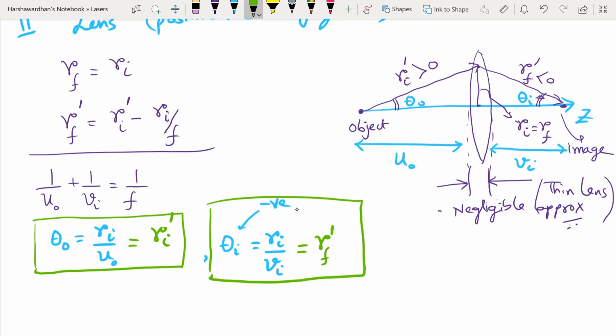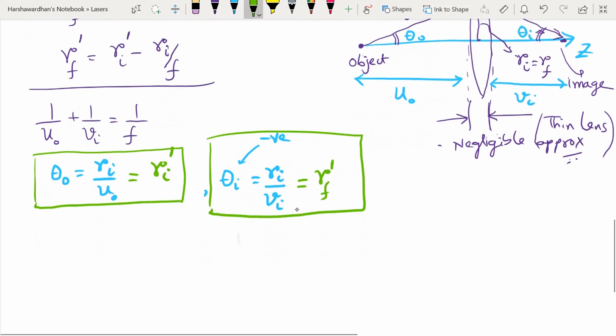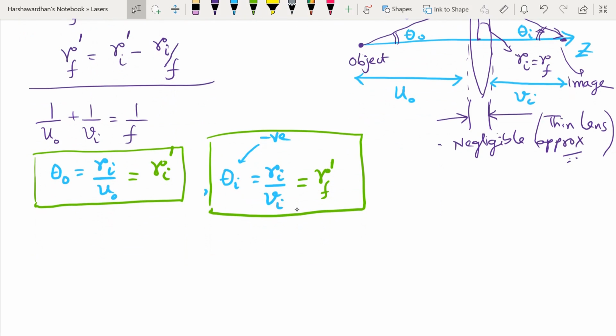These are our two relationships. I put these back into the lens formula. So the lens formula is what I'm rewriting in terms of these quantities.